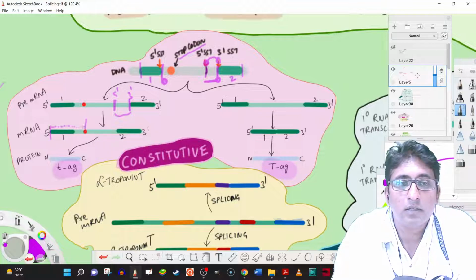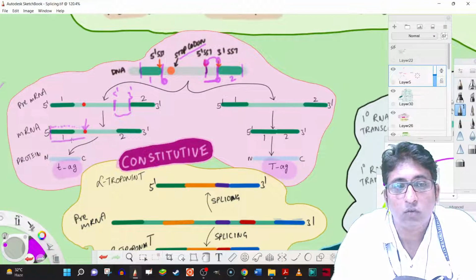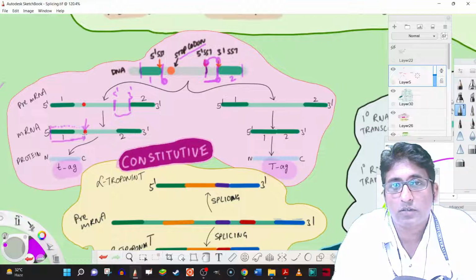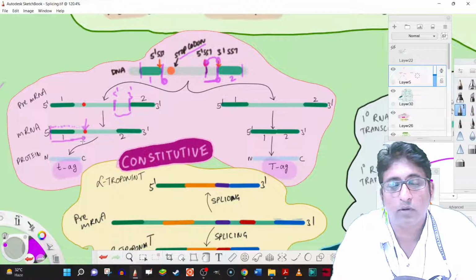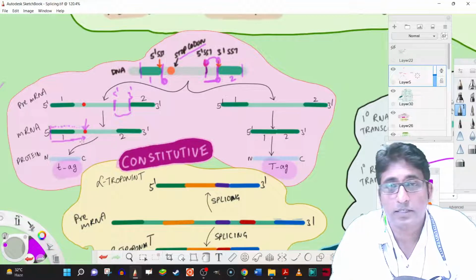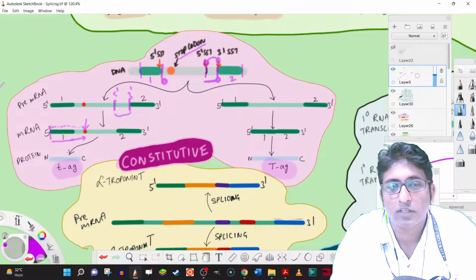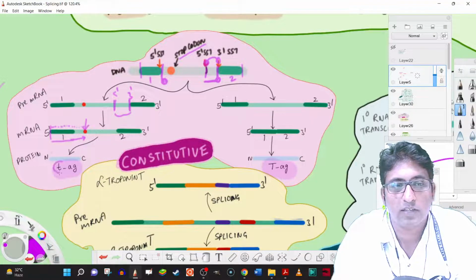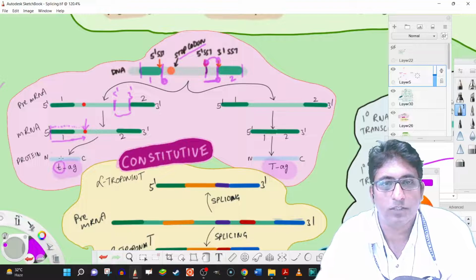And here there is a stop codon that is in frame with exon 1. So when the translating ribosome comes up to that point, it will stop; translation termination would occur. As a result, a smaller protein is produced, therefore it is called small t antigen.